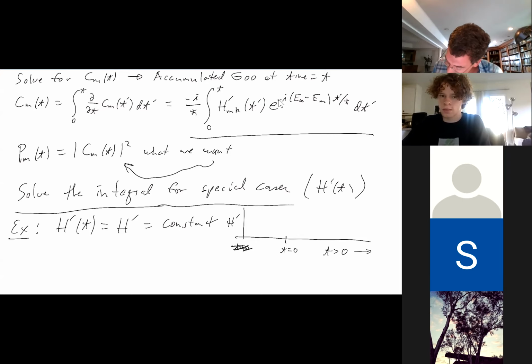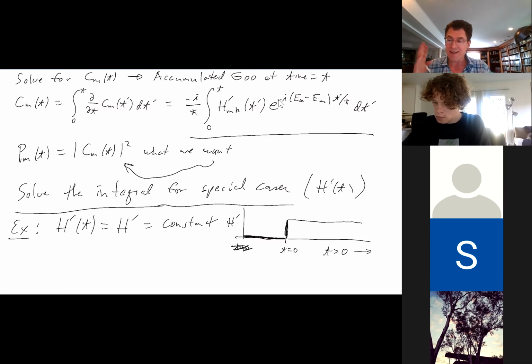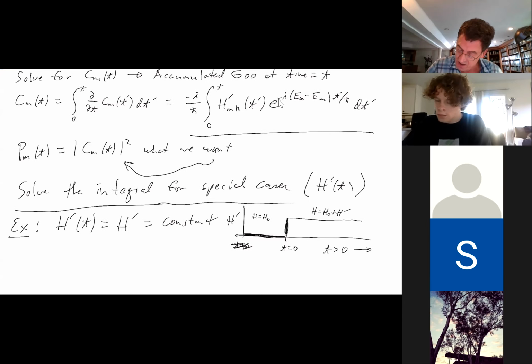Yes. So h prime is 0. And then at t equals 0, we turn it on, but then it's a constant. Okay? That's the perturbation I want to talk about now. So here, in this region of time, I have h equals h naught. But in this region of time, I have h equals h naught plus h prime. Okay, so that's the situation.